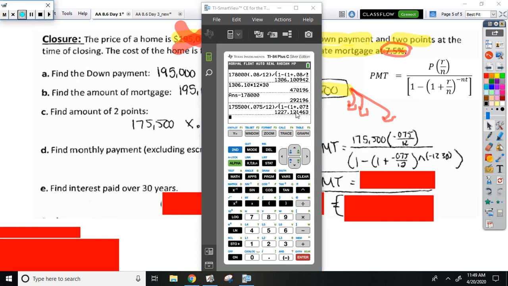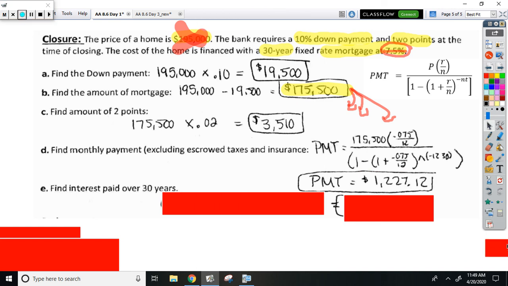And we should get 1,227.12, which is our monthly payment.